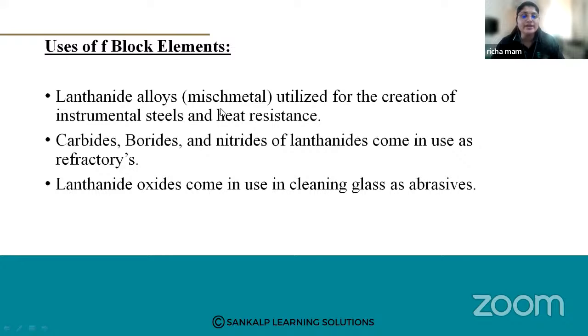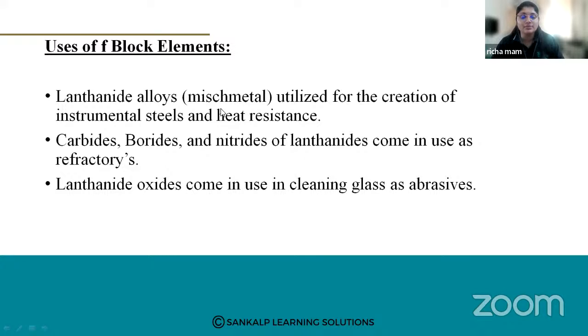Then carbides, borides, and nitrides of lanthanides. We have seen how we get these. When lanthanides react with nitrogen, you get lanthanide nitrides; when they react with boron, you get the respective borides, and with carbon, you get carbides. These come into use as refractories. Refractories means big furnaces, like where you bake bread, with a very high temperature.